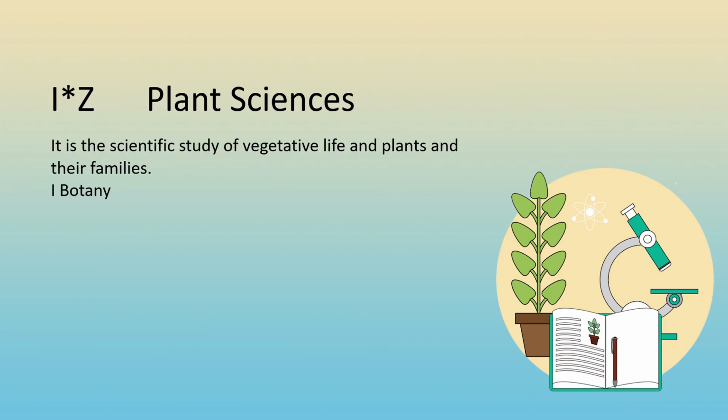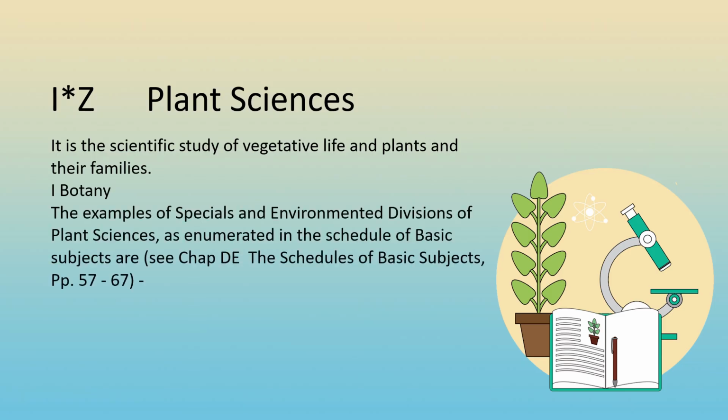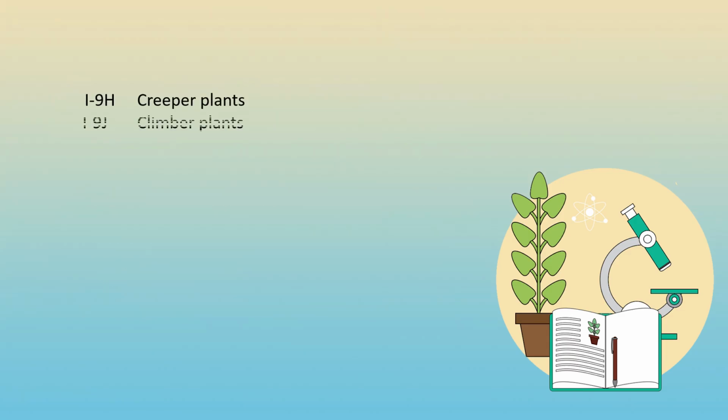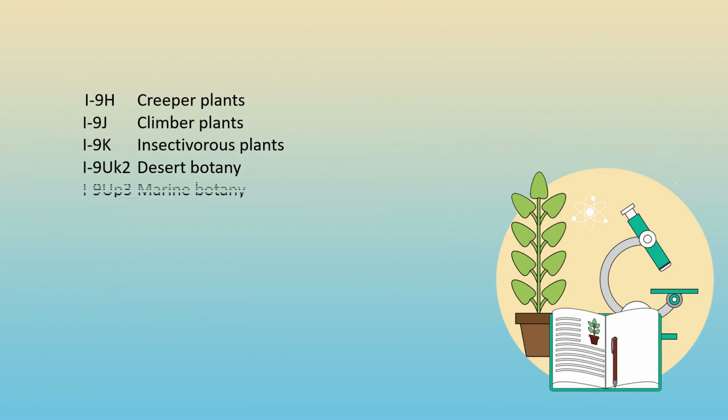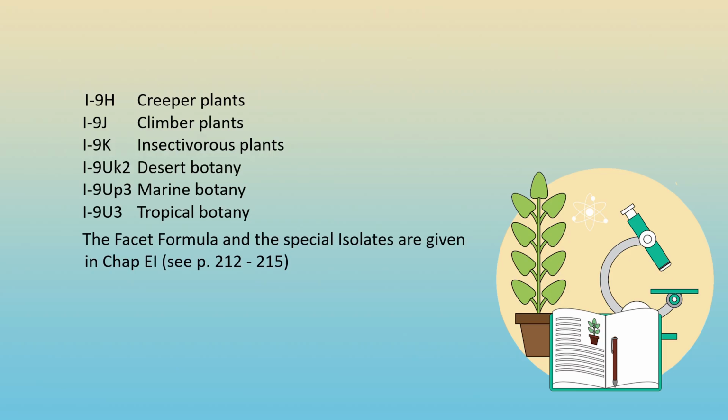It includes botany, then specials and environmental divisions of plant sciences as enumerated in the schedule of basic subjects in chapter D. Some of those are creeper plants, climber plants, insectivorous plants, desert botany, marine botany, etc. The facet formula and the special isolates are given in chapter EI. For this, see page 212 to 215.